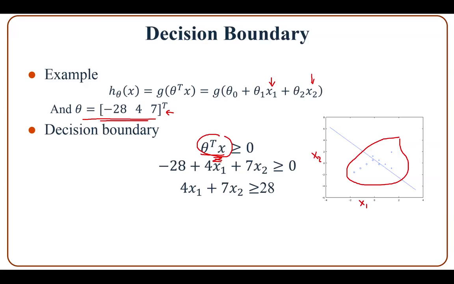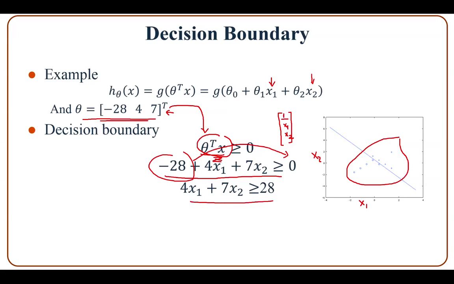So we plug them in, right? This is theta, and x is a column vector containing 1, x1 and x2. So we get this, and then switching negative 28 to the other side, we get that.